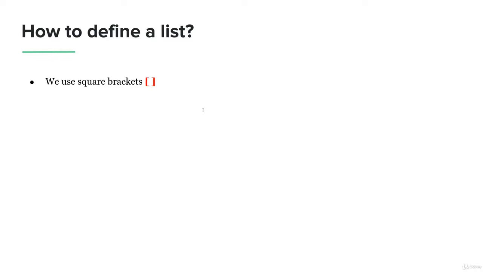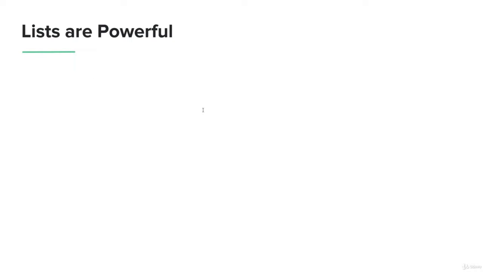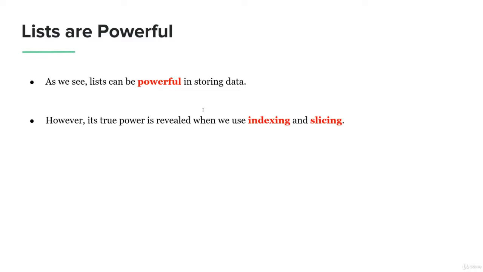We do so using the square brackets, and we will see this when we go to the code. And we separate between elements using the comma, and we will see this also when we go to the code. And as you can see, lists are very powerful in storing data. However, its true power is actually revealed when we use indexing and slicing.